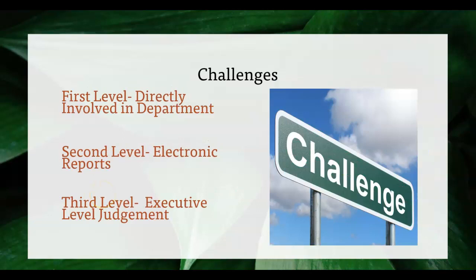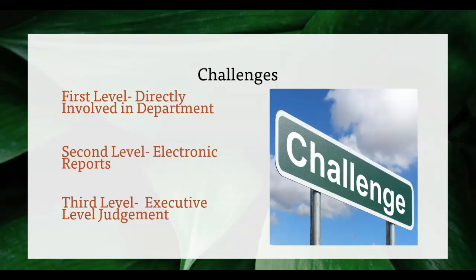Okay, this slide is going to be about the challenges from these different levels when it comes to forecasting. I've already touched on some of these in the previous slides, but once again, we're going to talk about the people directly involved in the department.